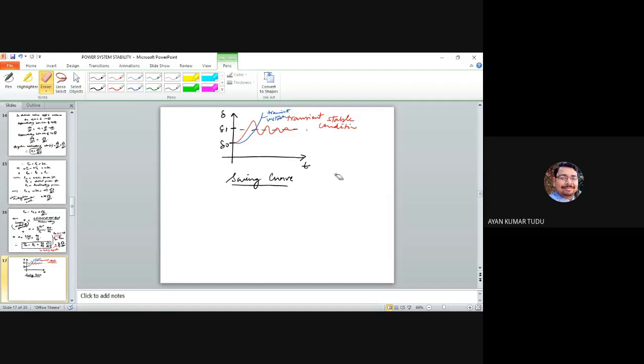We mean that after clearing the fault, whether clearing of the fault leads to loss of synchronism or not can be determined from this swing curve. I hope it is clear.